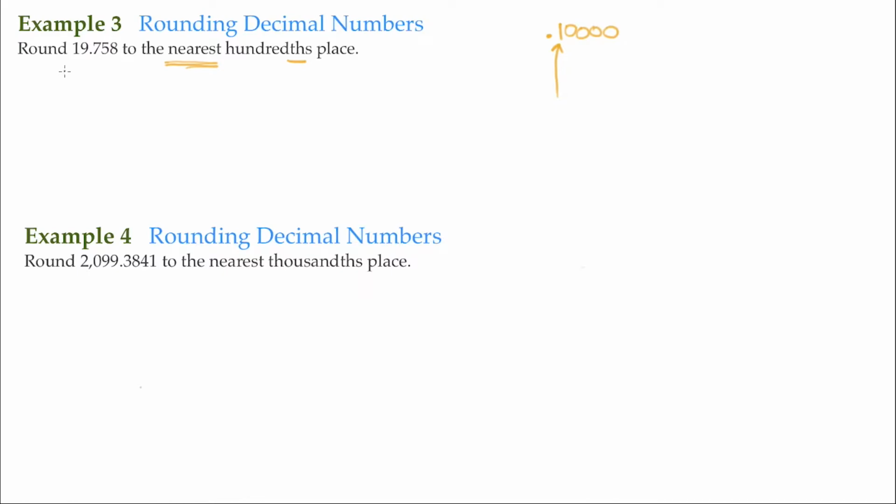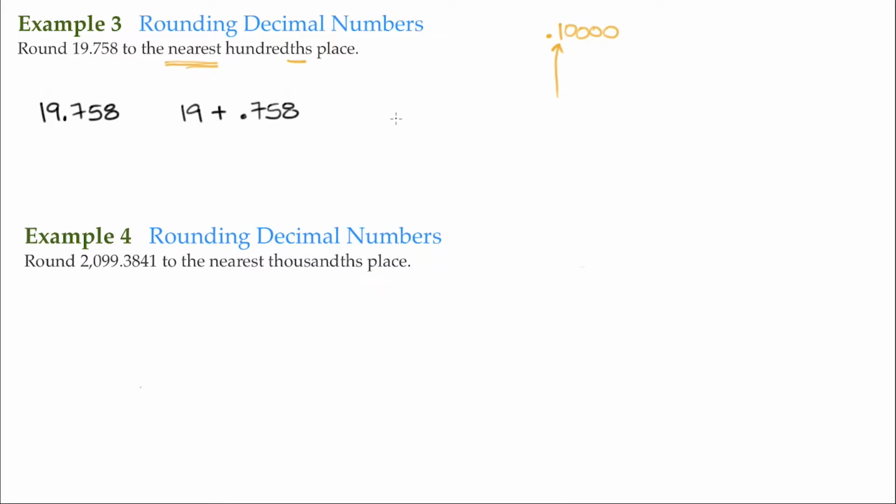So for this problem where it says 19.758 to the nearest hundredths place, we could look at this as 19 plus 0.758. So the hundredths position is the 5 right here, right in the middle. 7 is the tenths, 5 is the hundredths, 8 is the thousandths.